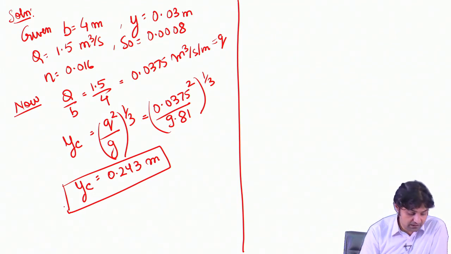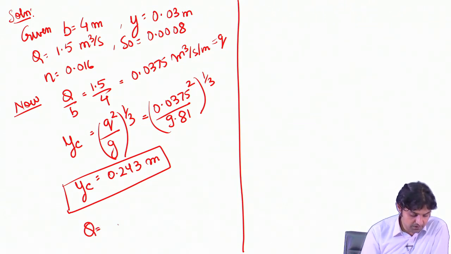What is the other thing that we need to find? So, we can use the Manning's equation, Q equals 1 by n A into R to the power 2 by 3 into S naught to the power half, all right.